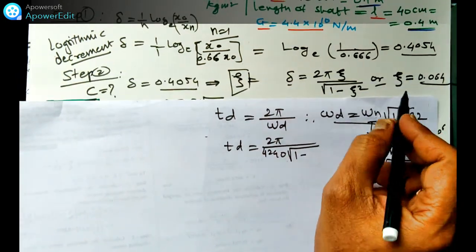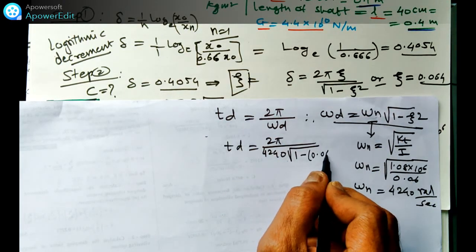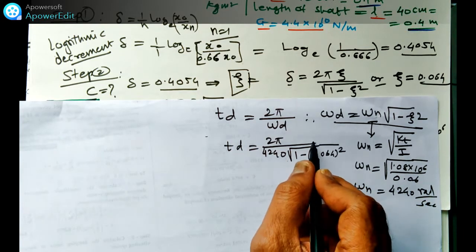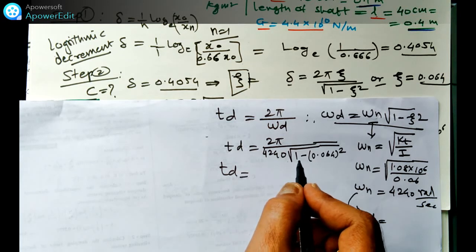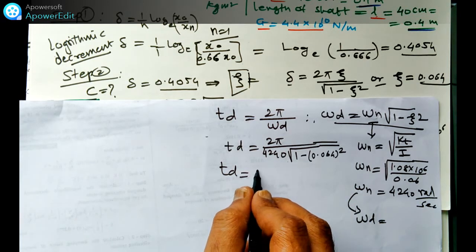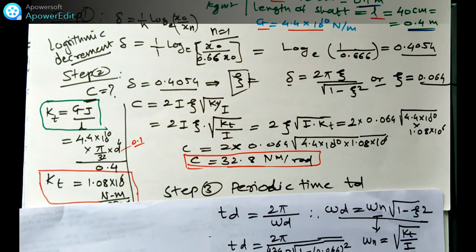Zeta we have just calculated, the value of zeta is 0.64, squared. We do the calculation here and we get the periodic time, 0.0149 in seconds.